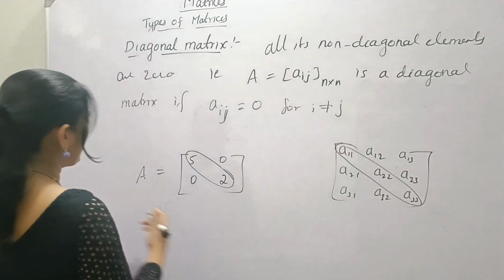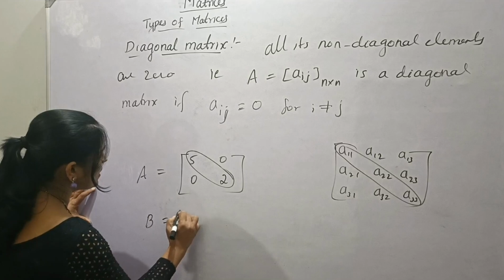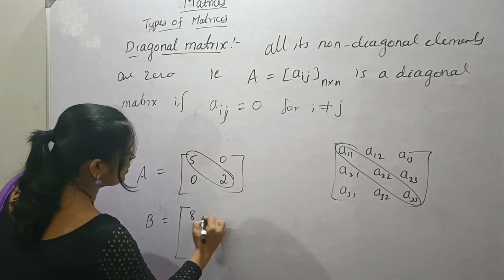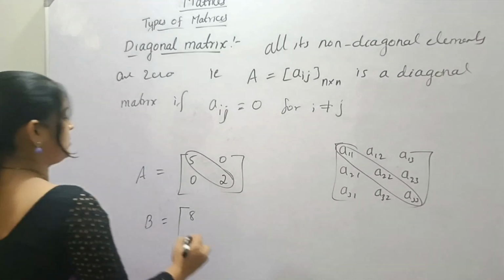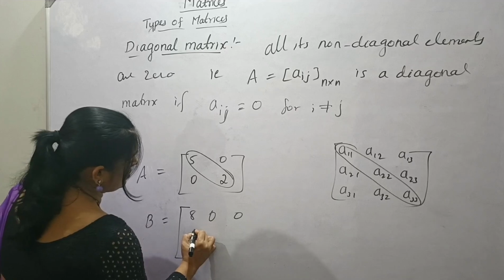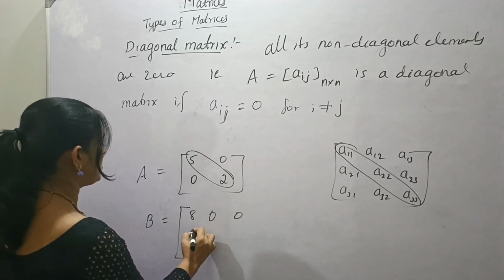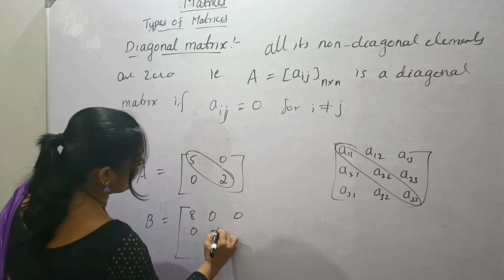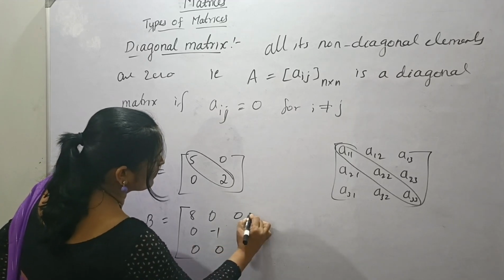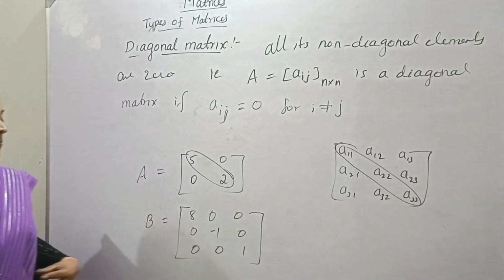Now let us take a 3 by 3 matrix B: 8, 0, 0, 0, minus 1, 0, 0, 0, 1. Look at this example.